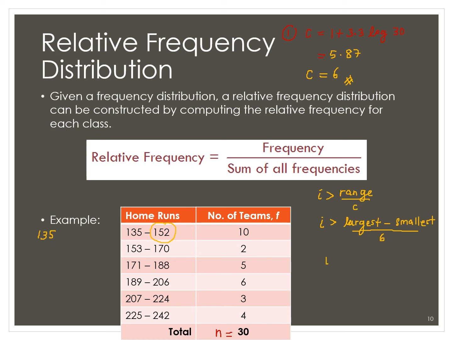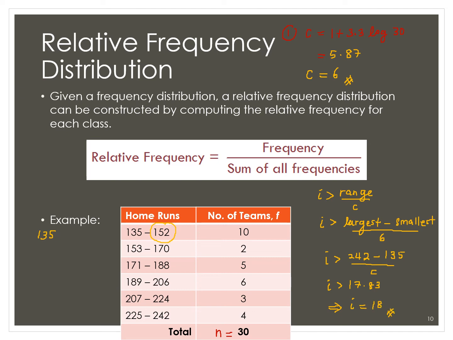The largest value is 242 and the smallest value is 135, over C. Now use your calculator. You will get 17.83, so you must choose I to be at least 18.